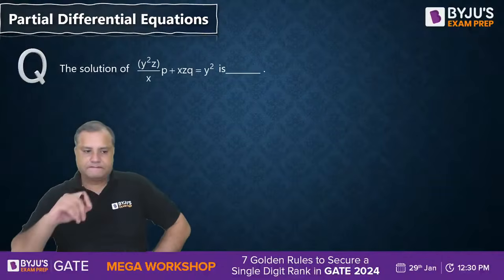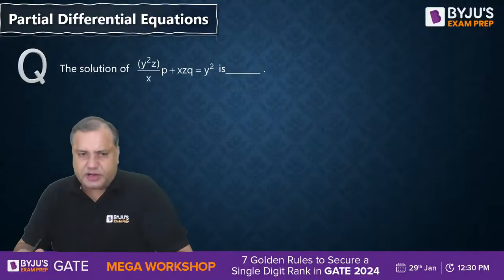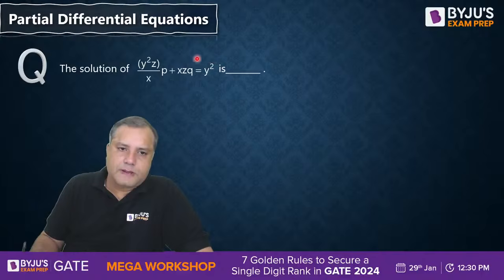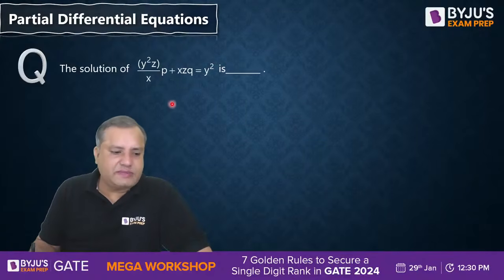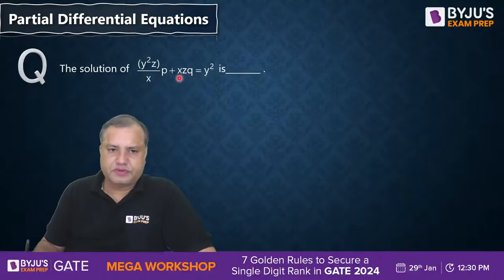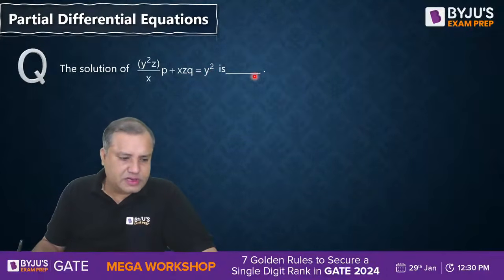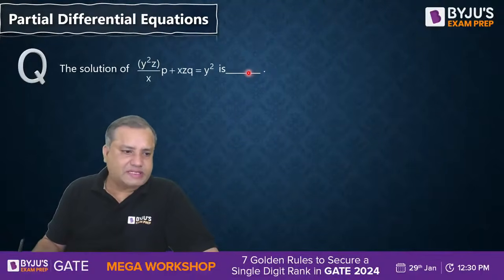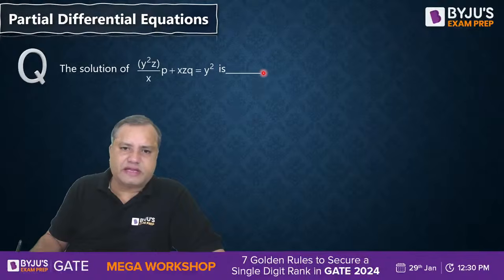Now see this. In this particular question, in order to maintain the symmetry on both sides, I am just multiplying by x throughout the equation. Yes, Fazil, thank you. I multiplied the whole equation by x.